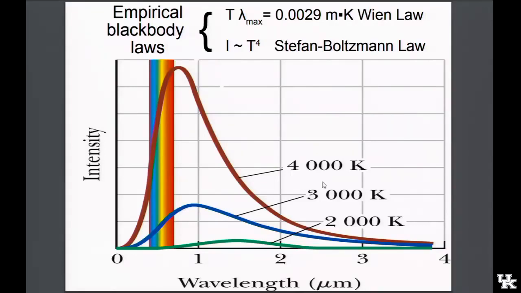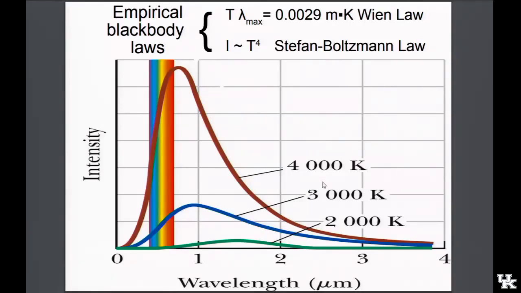There are two key features on here, which are the two key features we saw with the incandescent lamp. Look at the lower temperature, and then compare it with the intermediate temperature, and then with the highest temperature. Just in your head, walk through from 2,000 to 3,000 to 4,000 Kelvin. The first obvious thing at the lower temperature is there's way less intensity. There's way less energy radiated in black body radiation.